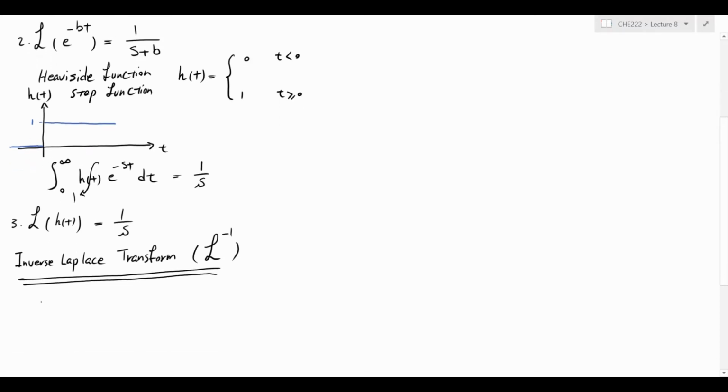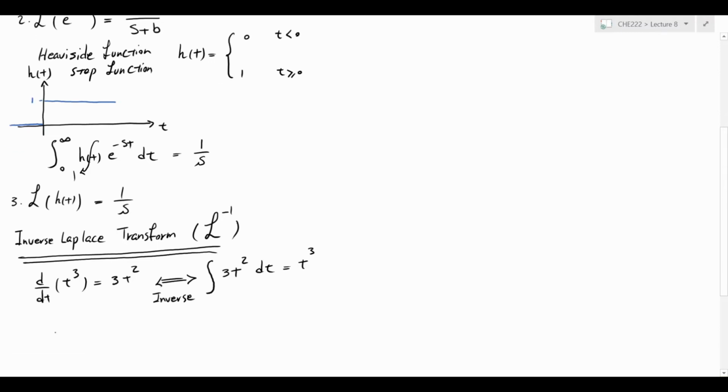Let's say we take the derivative of the function t cubed. It will be 3 times t squared. Now if we take the antiderivative or integral of the answer, which is 3t squared dt, we get exactly the original function. That's why we call integral the inverse of derivative, or integral is the antiderivative.